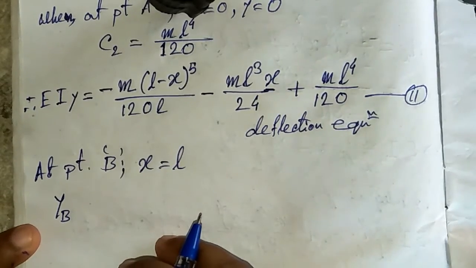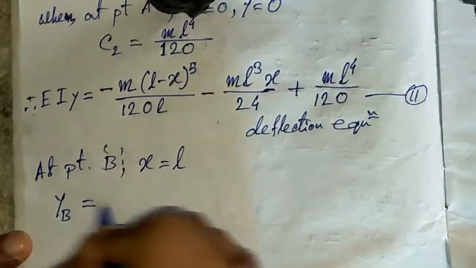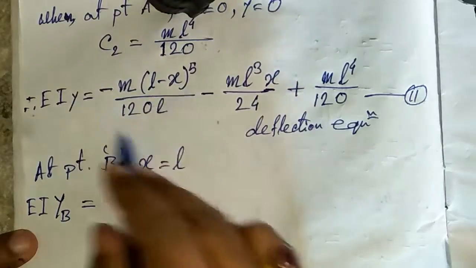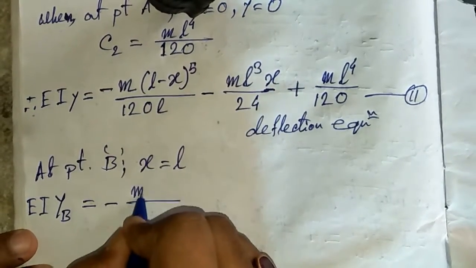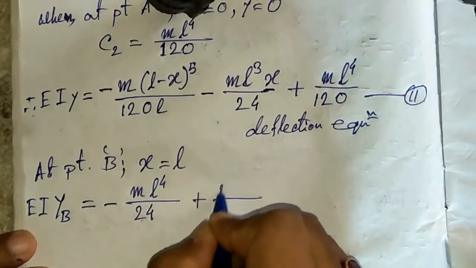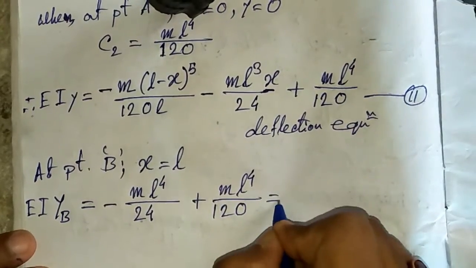We get EI into YB equals 0 minus ML to the power 4 by 24 plus ML to the power 4 by 120.